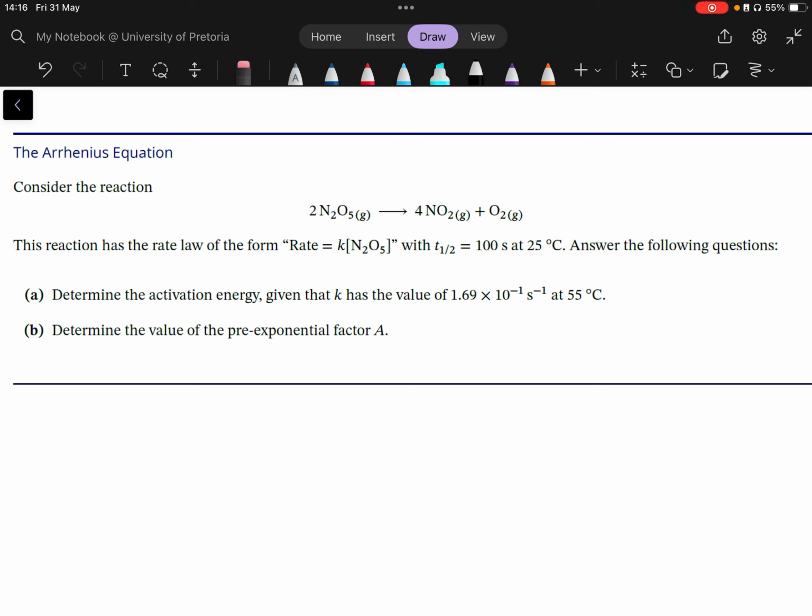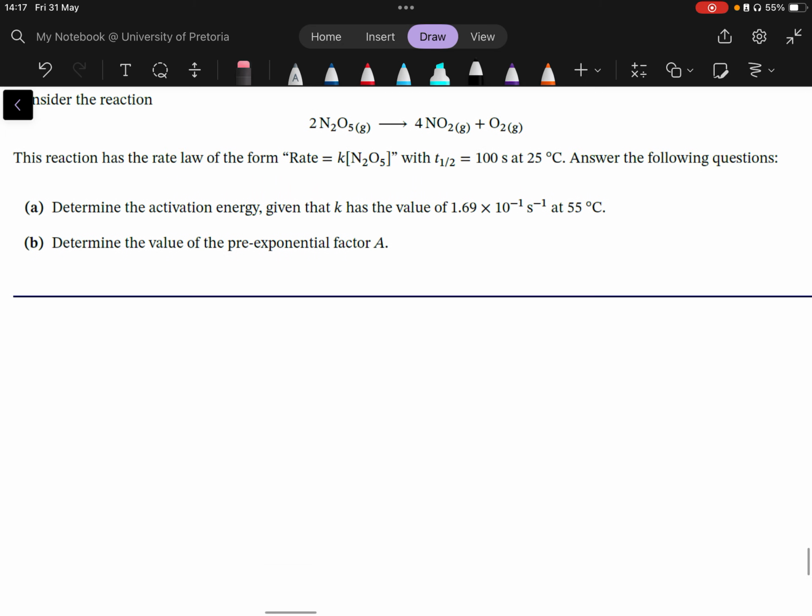We are asked to determine the activation energy, given that k has a value of this at 55 degrees Celsius. So the question is, how do we calculate activation energy?